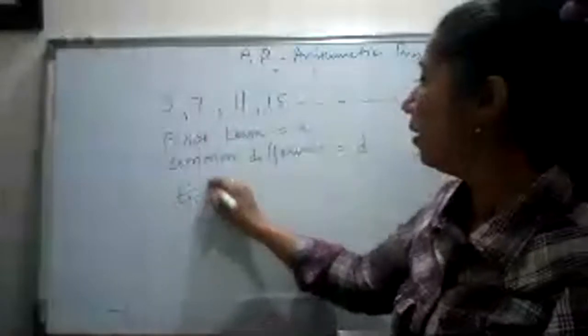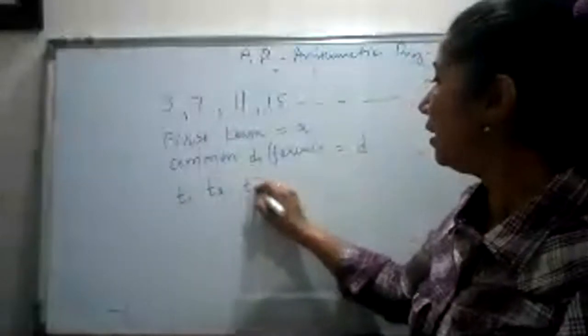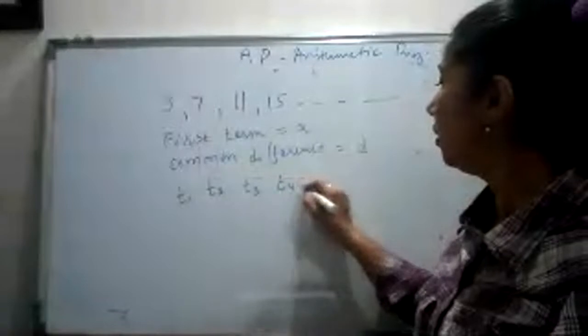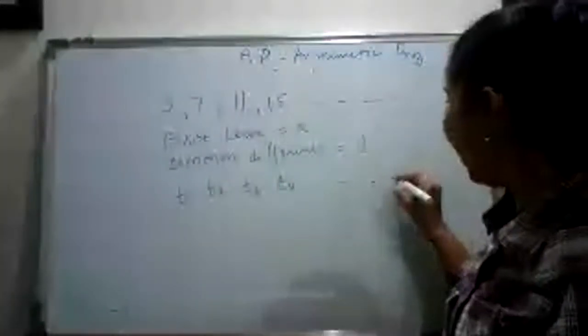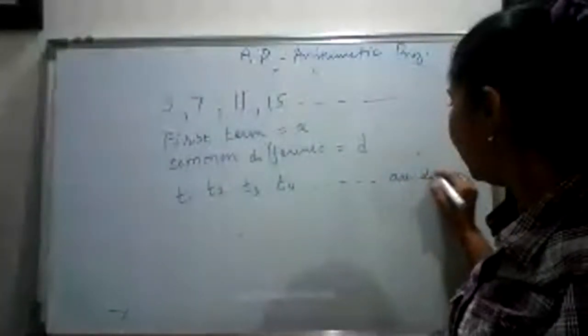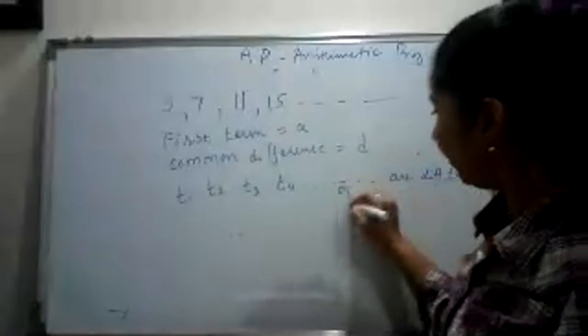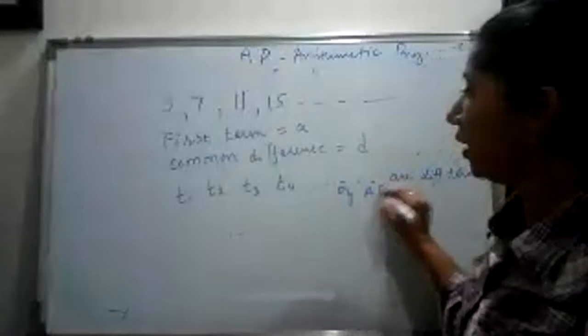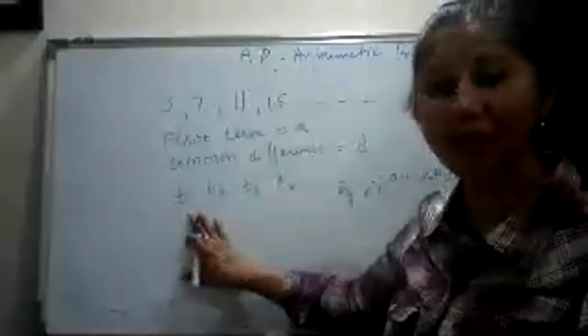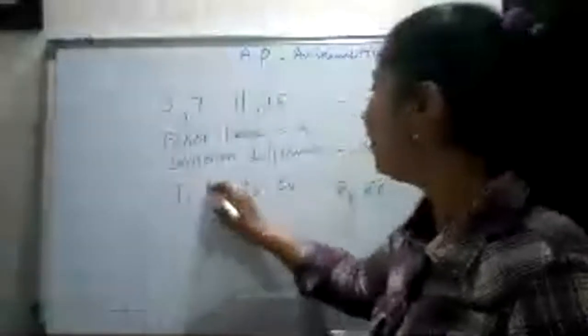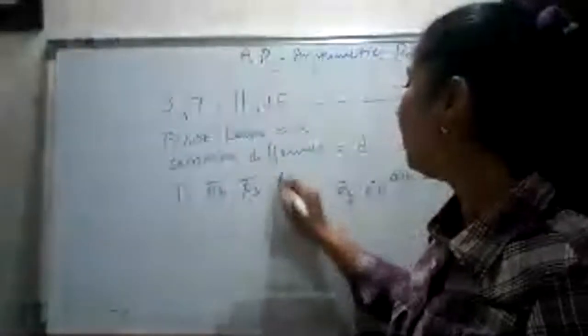Then if I say T1, T2, T3, T4 are different terms of the AP, it could be with a small letter, it could be with a capital letter. Whatever you write, T1, T2, T3, T4 are the terms.